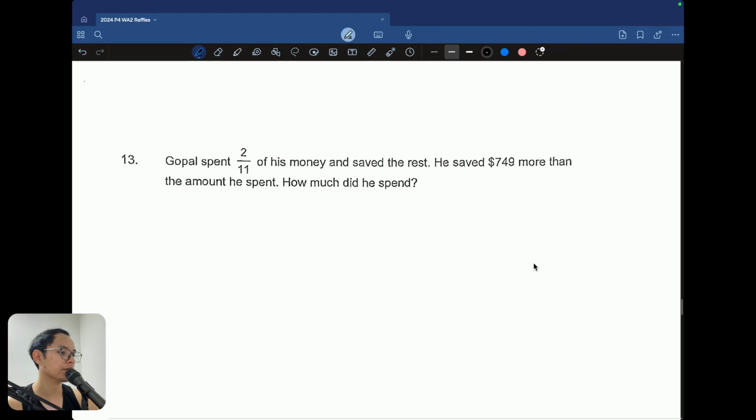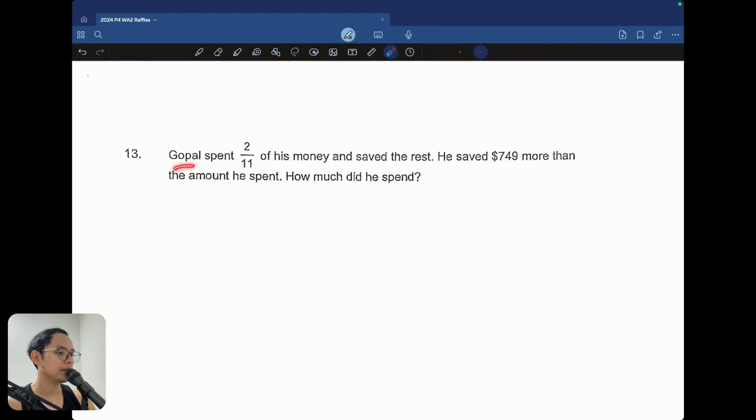And the last question. Gopal spent 2 out of 11 of his money and saved the rest. He saved $749 more than the amount he spent. How much did he spend? Okay, so same thing. You see a fraction of his money.